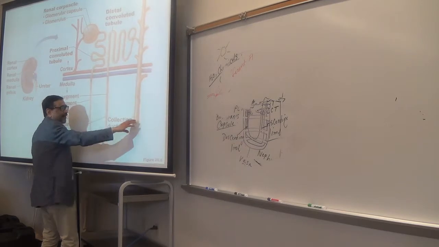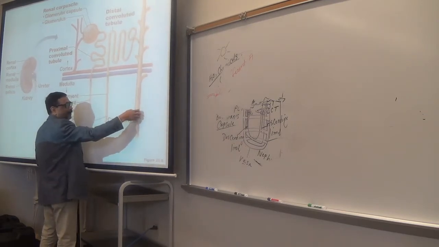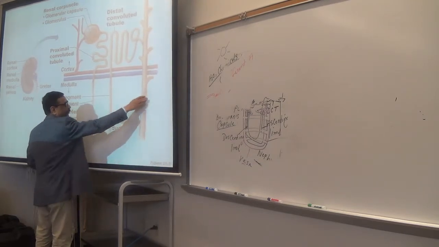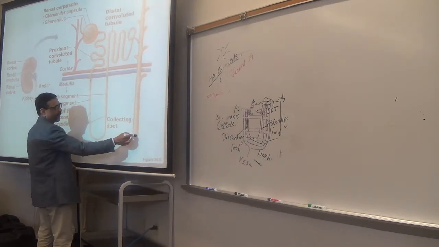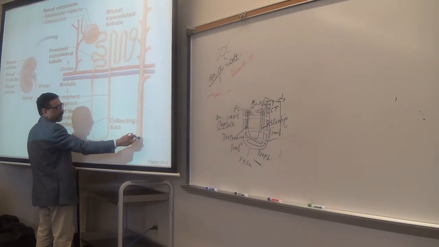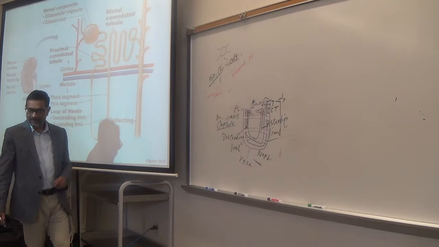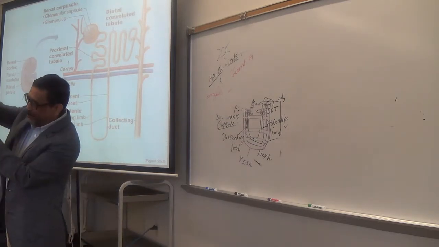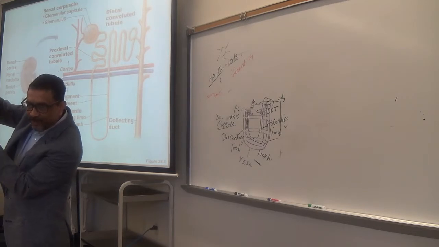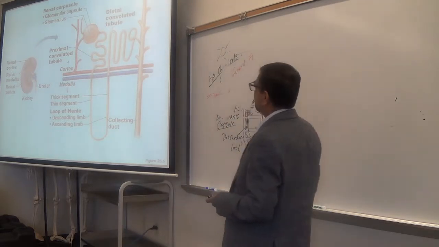So, all collecting ducts are together in the papilla. So this part of the nephron is in the papilla, and urine gets out because this is the last part of the nephron. So urine gets out from here. Make sense? And many last part collecting ducts are ending here in the papilla. That's why urine is getting out from there. Okay. Good.